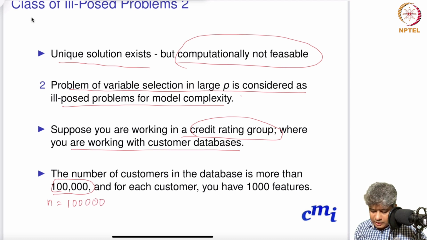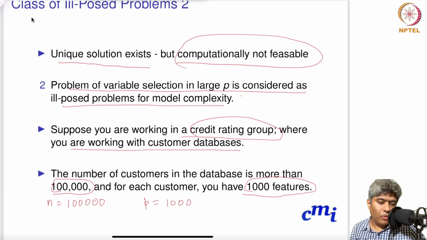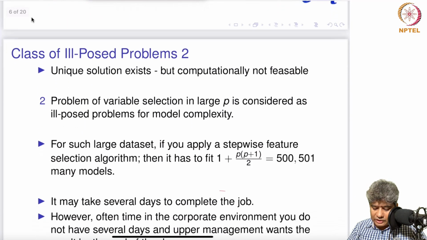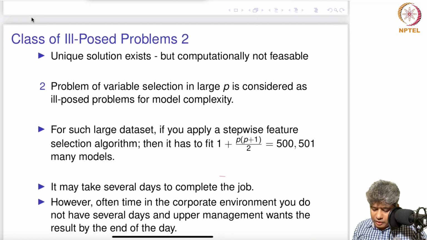Okay. Each customer you have thousands of features. Your P is 1000. So theoretically you should be able to fit a model. Now if you run a simple stepwise variable selection, you have to fit 1 plus P into P plus 1 by 2 models.